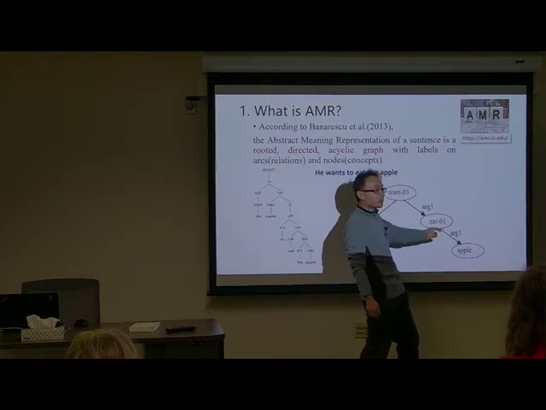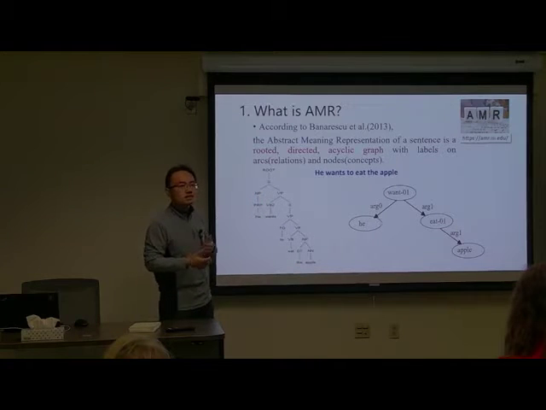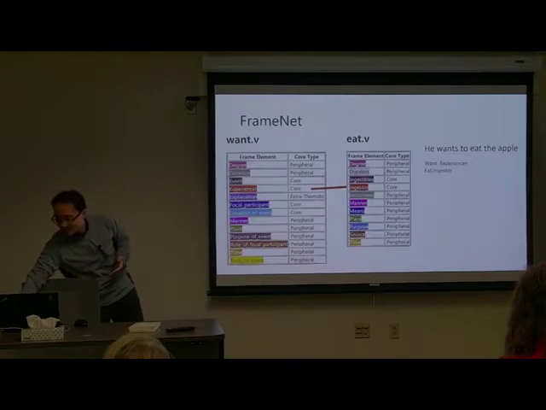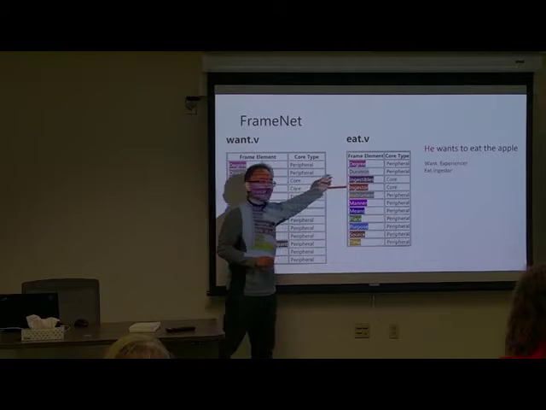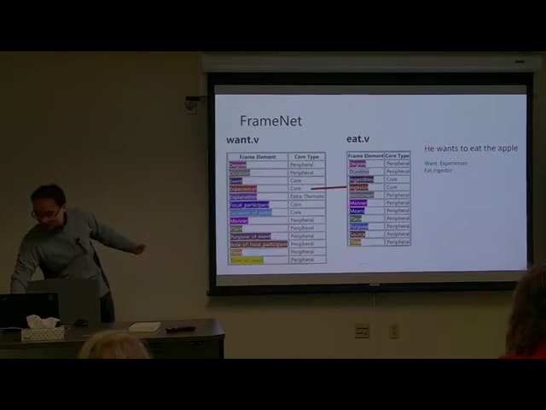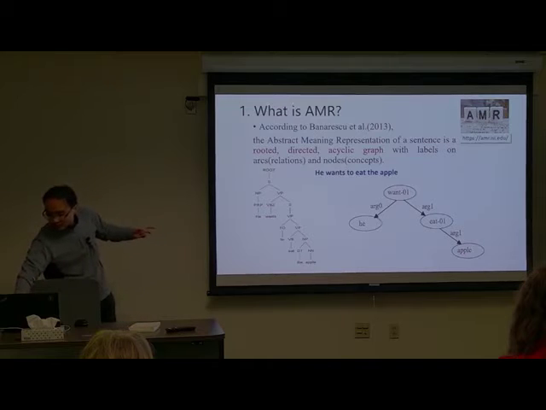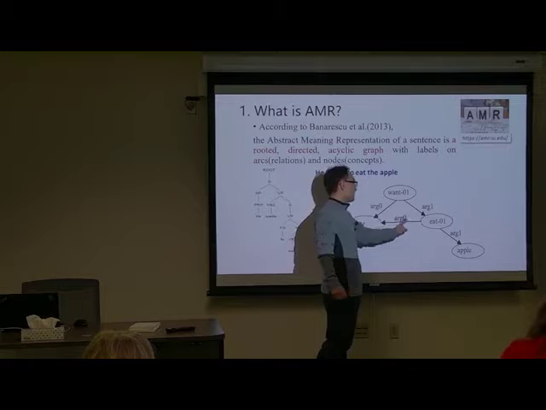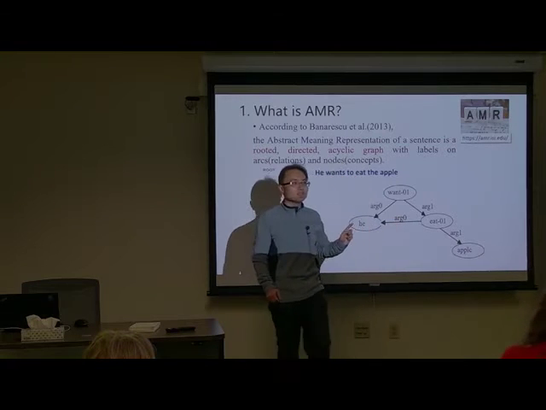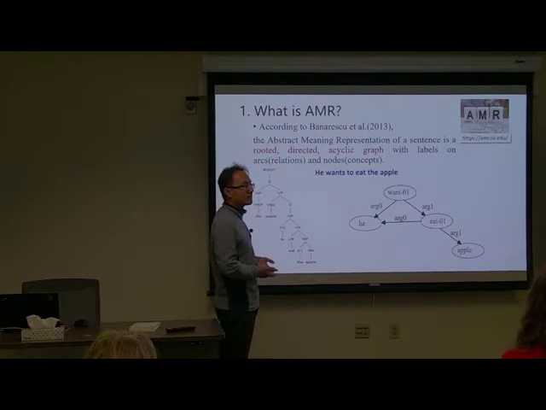So this is ARG1, and ARG1 is simpler for very complicated things like this. There are so many semantic relations. So for AMR, they want to simplify it. And for the argument sharing, they just put a link, ARG0, he. So in this way, it's very clear and easier to understand.